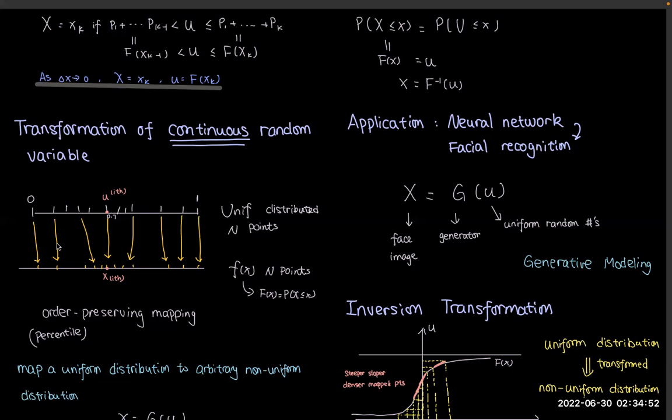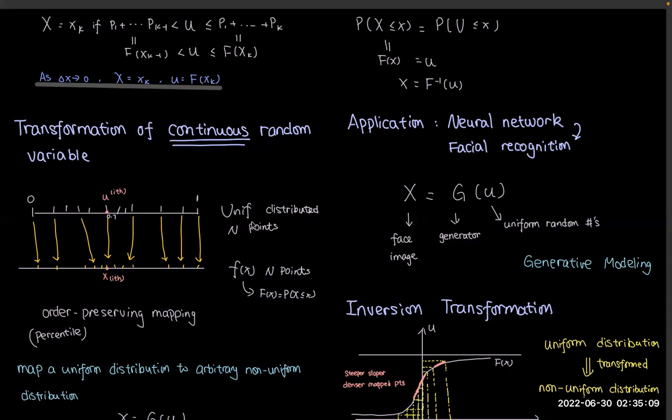And again, let's look at the uniform distribution. For the uniform distribution, the density is 1 within the interval from 0 to 1. As I mentioned before, we can visualize a density function as a population of points.